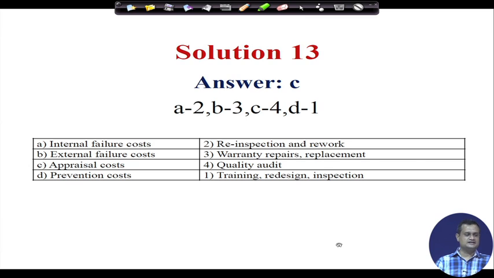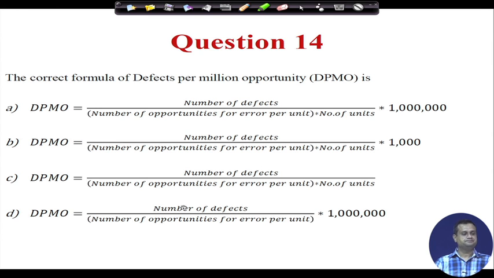So, the correct answer is: A, 2, that is internal failure cost, re-inspection and rework; B, external failure cost, warranty, repairs and replacement; C, appraisal cost, quality audit; D, prevention cost, training, redesign and inspection.